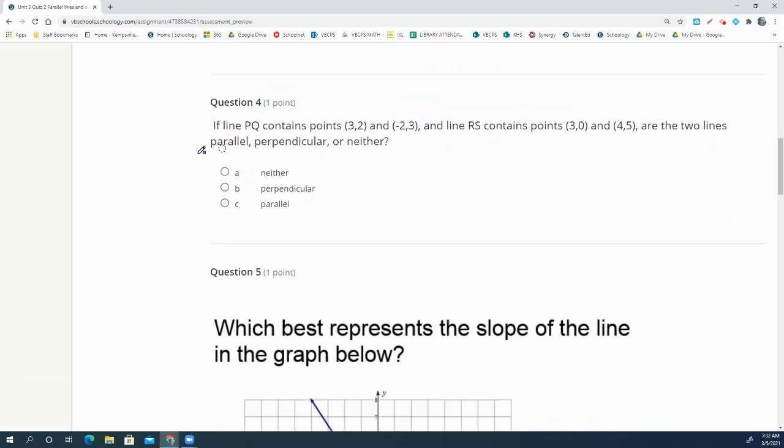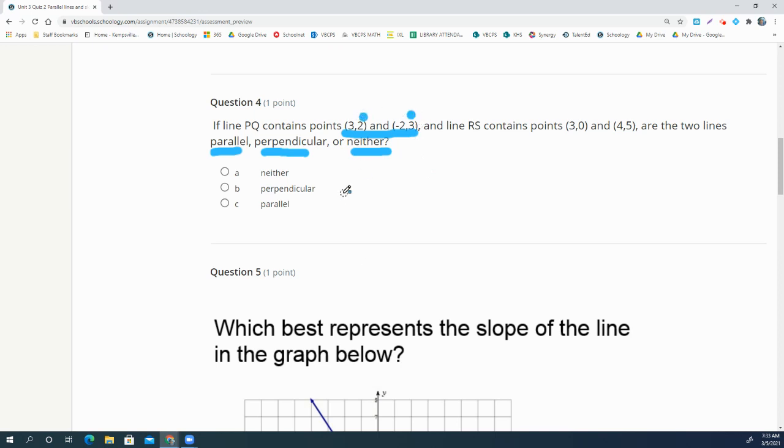How do I figure out whether they're parallel, perpendicular, or neither? This is what we did yesterday. What do I have to do with these 2 points? Yeah, you got to find the slope. What's the slope of those points? And how do I find it out? What math do I have to do? So everybody should have a piece of paper. If you haven't done this, get a piece of paper out, figure out what the slope is. Y minus y.